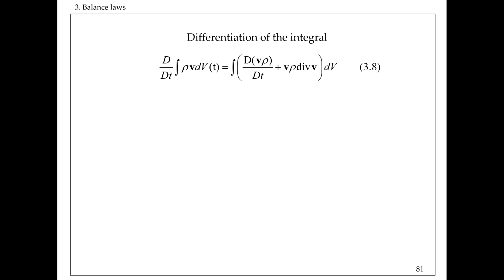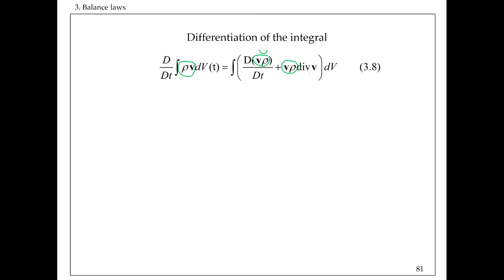Now we are going to use the similar formula for when we have the integral in the current configuration, over the current volume. You remember that we had that function psi, and we saw that in addition to that function we have an additional term, the function multiplied by divergence v, which comes from the rate of change in the volume.